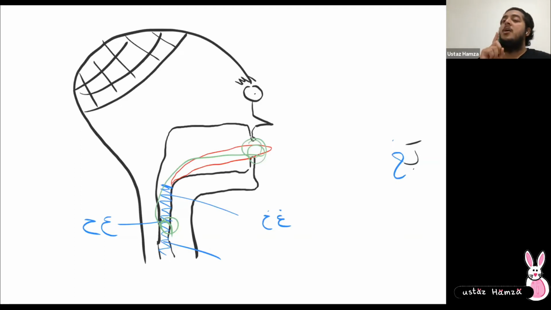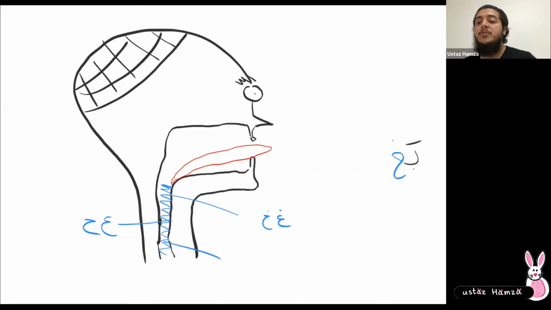You're letting it go further. What happens if you let the air go all the way down and you stop it here rather than here? Let's show the diagram. It's just too difficult to show my throat. So if you start your voice here and then you don't stop it here, and you let it go down.